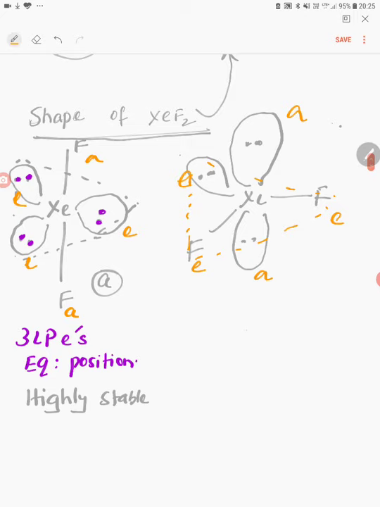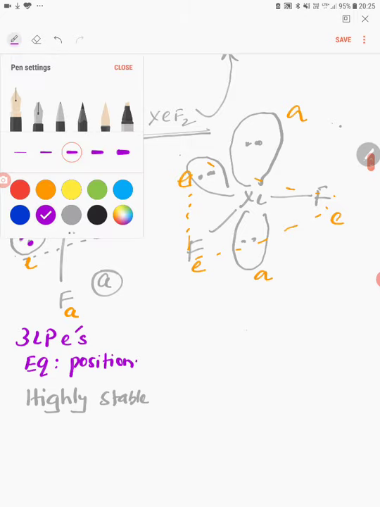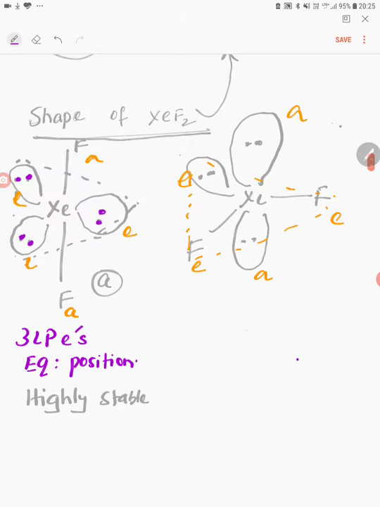Now, if you see in this case very clearly, two lone pairs are in the axial position and one lone pair is available in the equatorial position.